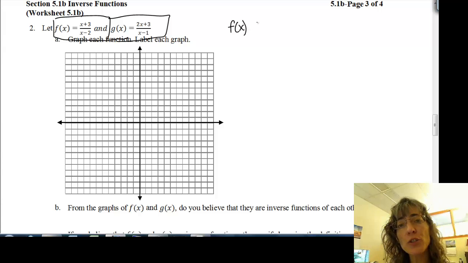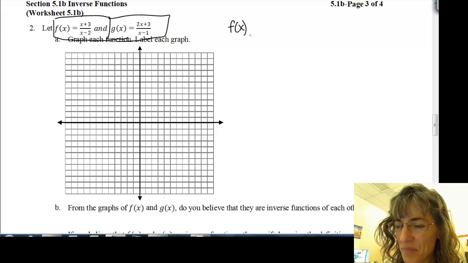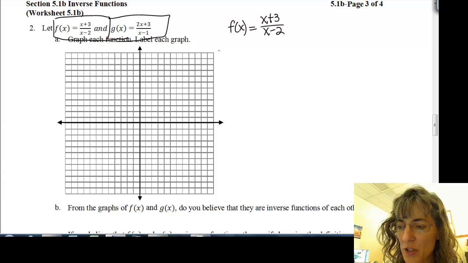And if you know how to do this, or you think you remember, go ahead and pause the video and try it by yourself. You learn way more than just watching. So f of x equals x plus 3 over x minus 2. First thing I want to find is vertical asymptotes.